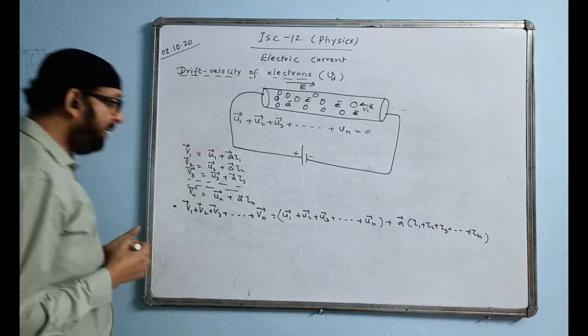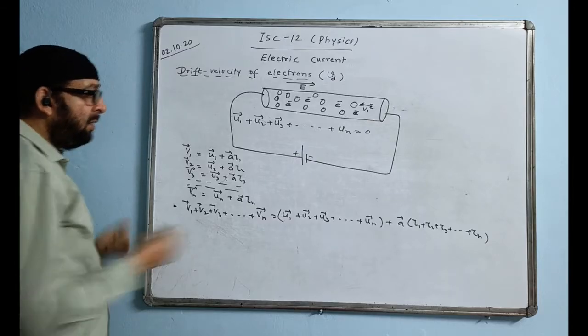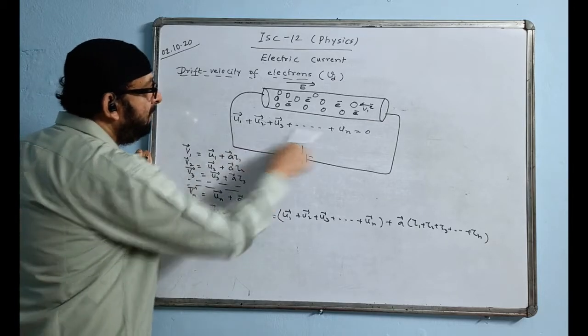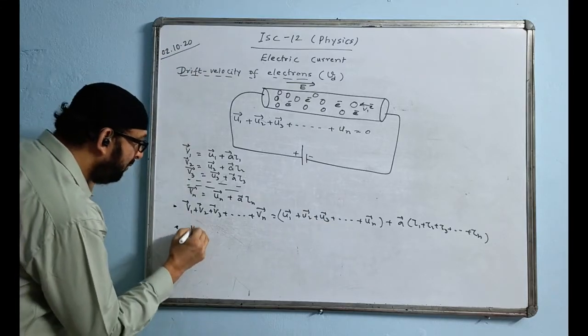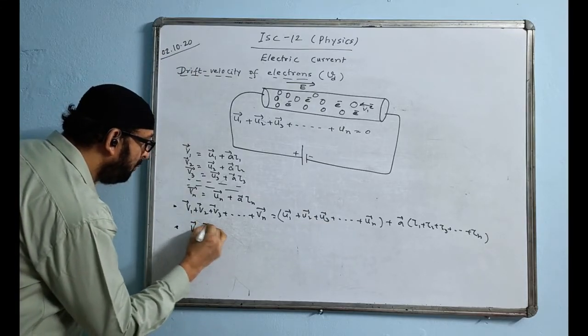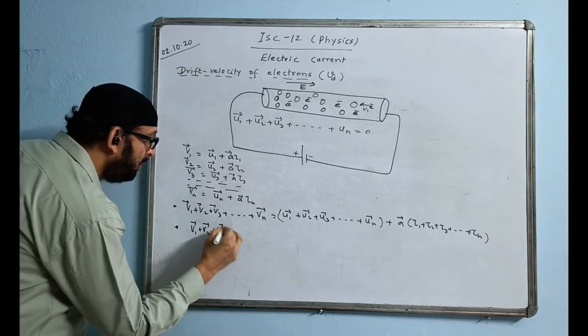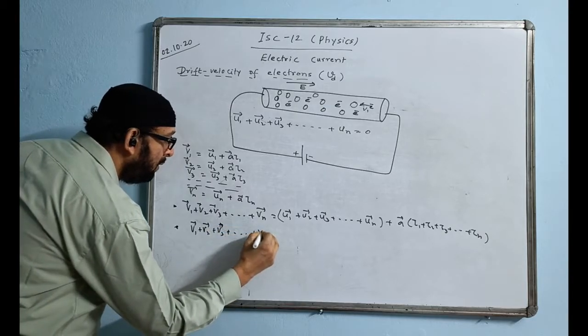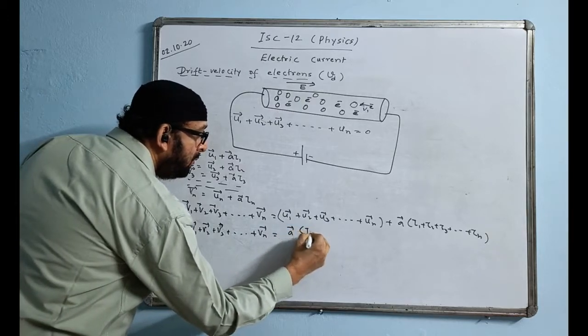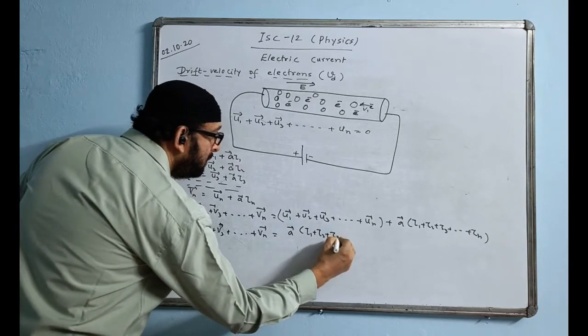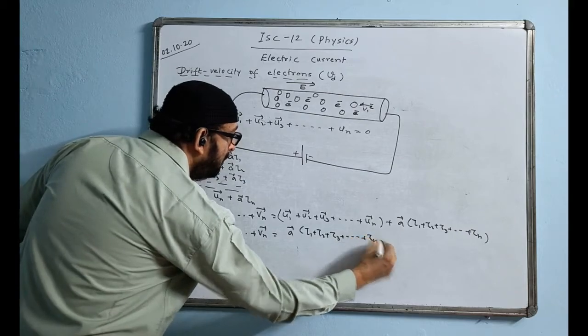The answer of the U part we know already: this part is 0. So we get V1 plus V2 plus V3 and so on plus Vn equal to A times tau1 plus tau2 plus tau3 and so on, tau n.